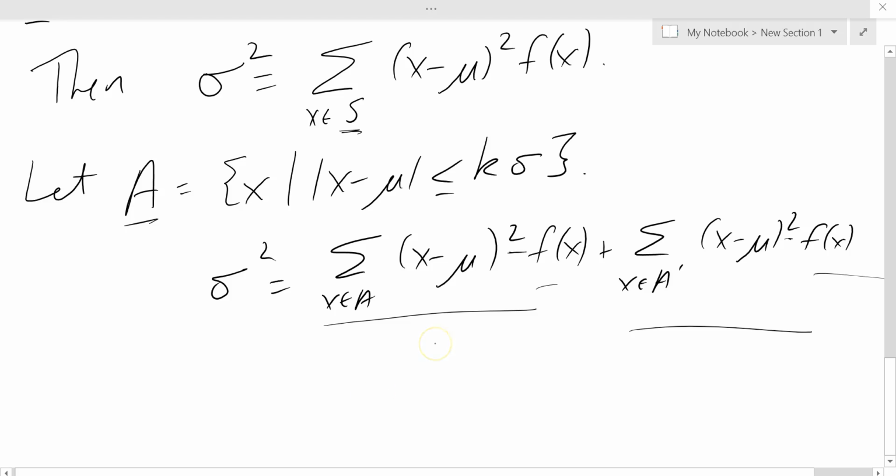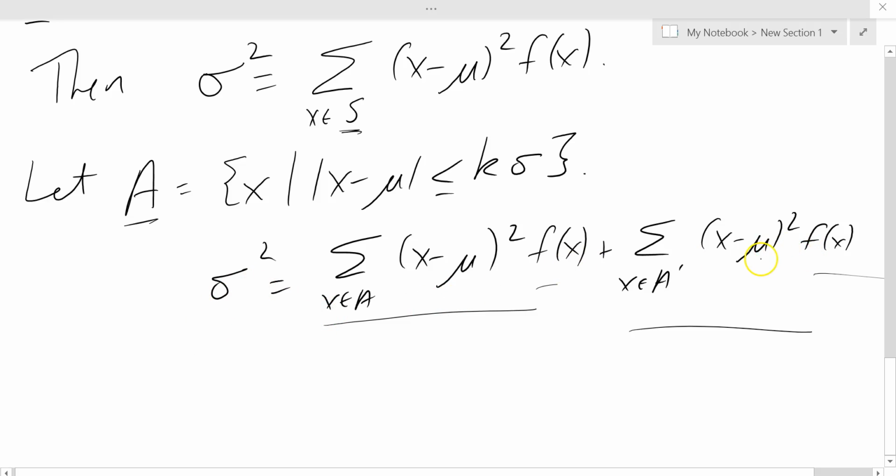So if I drop one of the terms off, it would make the sum on the right-hand side smaller. Right? No matter which one I do. You agree? Now, I would make it smaller, so the variance would be at least as big.